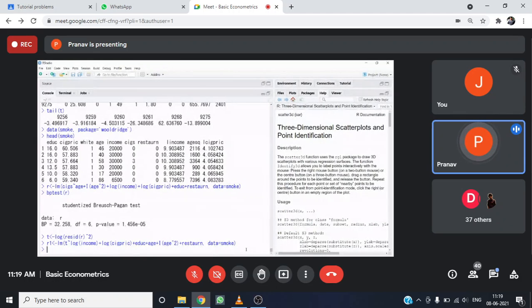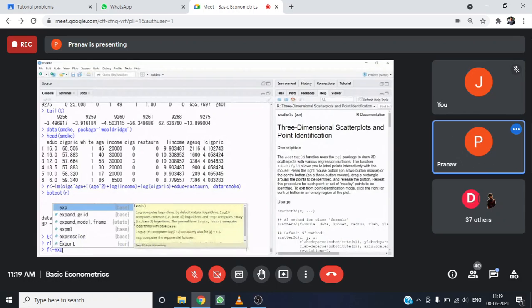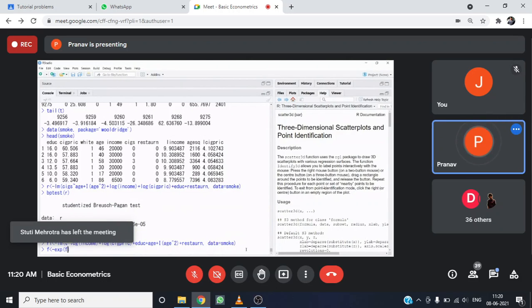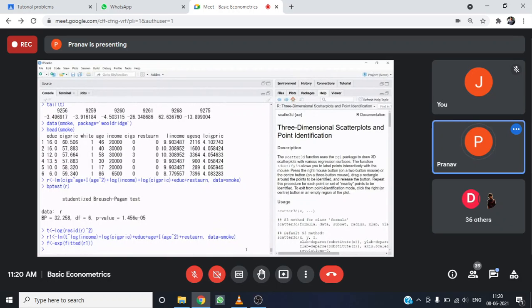So let me just define F as fitted, or rather, the exponential values of this fitted value.